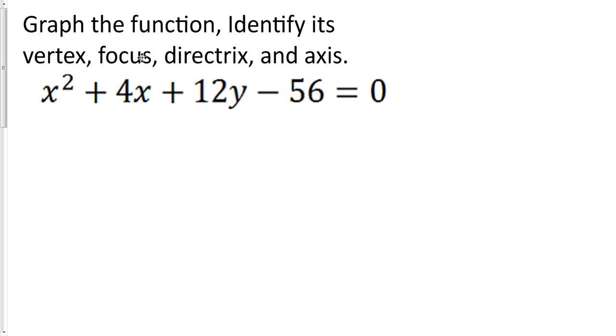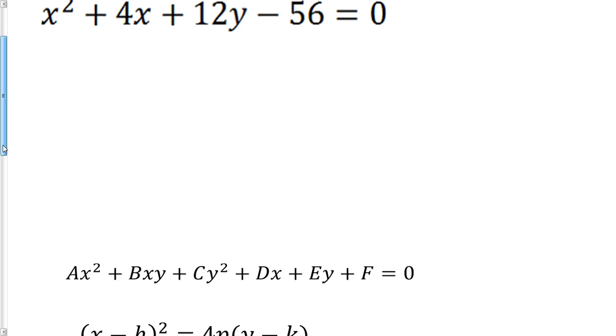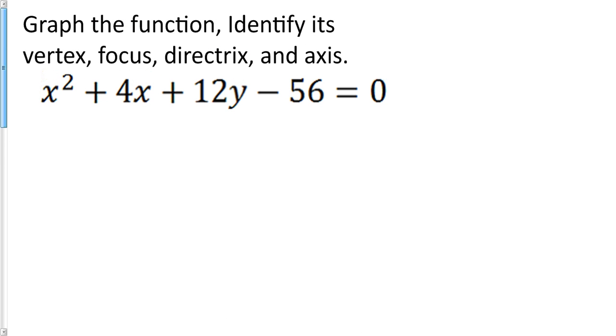So how are we going to find h, k, and p? Well, we have to put this parabola in the correct form. And like I said, it's in this conic form now. I want to put it in this parabola form. So since x is the variable that has the square, since I have a quadratic term with x, I'm going to complete the square on x and move everything that doesn't involve x to the other side. So I'm going to complete the square on whatever variable has the quadratic term, and in this case that variable is x.